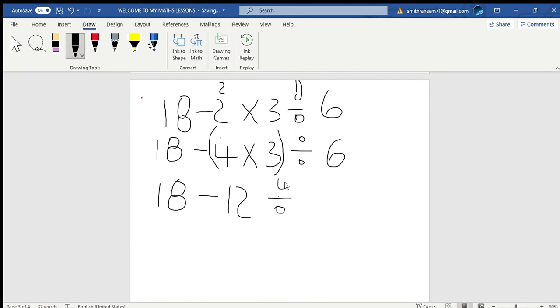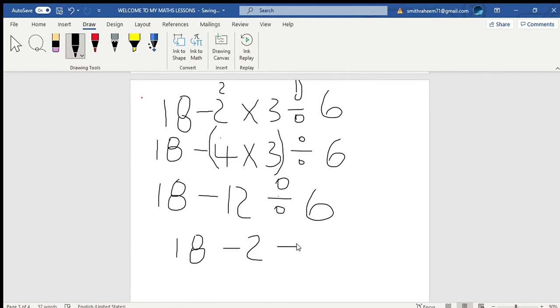Okay guys, so you must follow the order of operations rules to solve these problems, okay? So 12 divided by 6 will give you 2, and we're gonna subtract the 2 from the 18. So we should add and subtract at the last part of the equation.